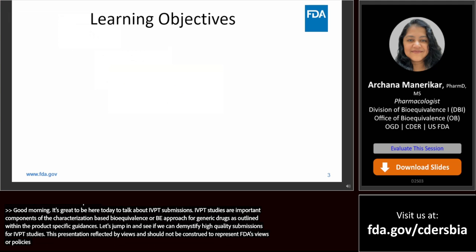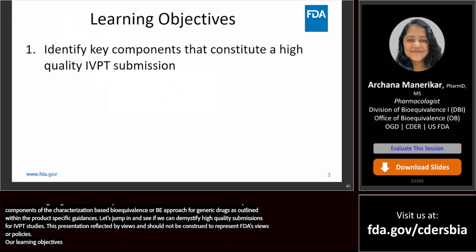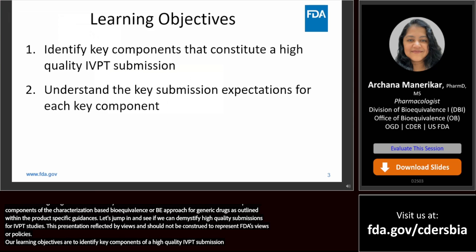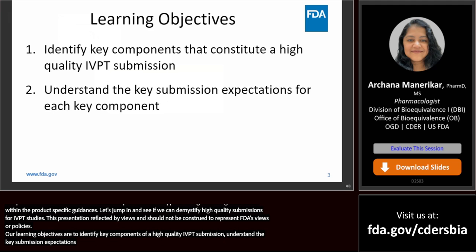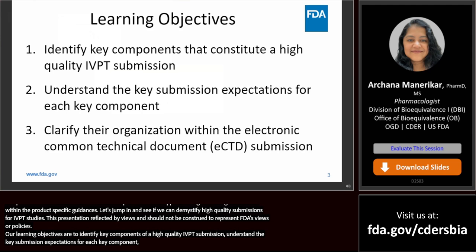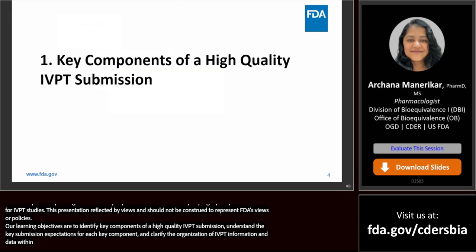Our learning objectives are to identify key components of a high-quality IVPT submission, understand the key submission expectations for each key component, and clarify the organization of IVPT information and data within the ANDA submission.